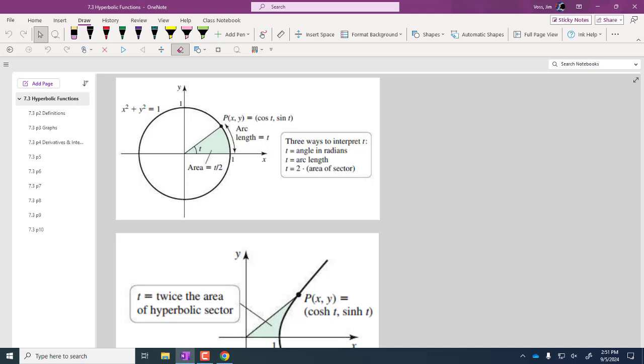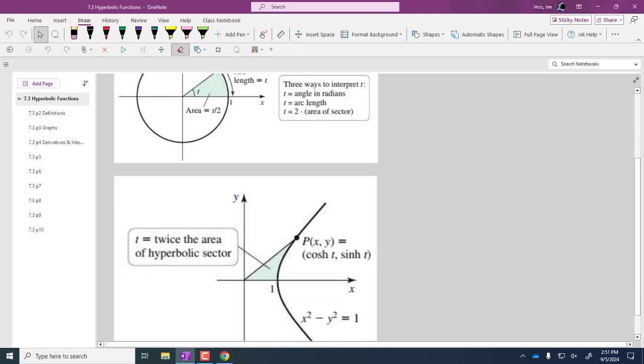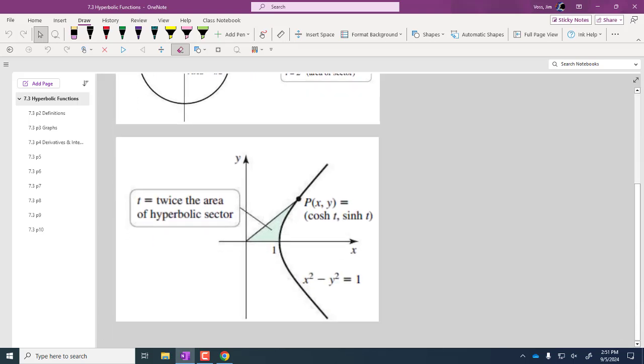Simple enough. The hyperbolic functions are called the hyperbolic functions because they come from a hyperbola. So this is the unit circle which we use to generate the trig functions. This is the unit hyperbola. We use only the right half. That's the unit hyperbola that is used to generate the hyperbolic functions.